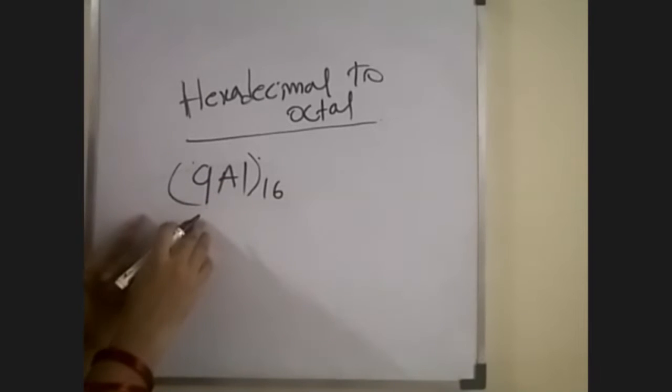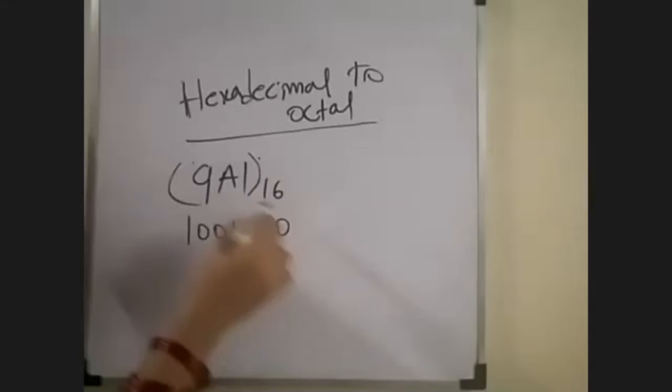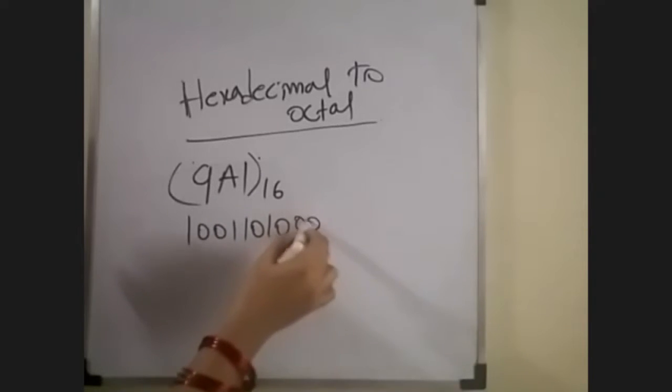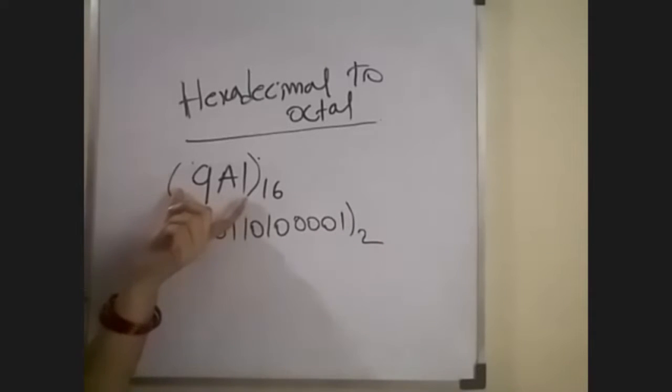Suppose 9A1 is the hexadecimal number. What is the value of 9? 1001. And A is 1010. And 1 is 0001. So this is the binary equivalent for this number.